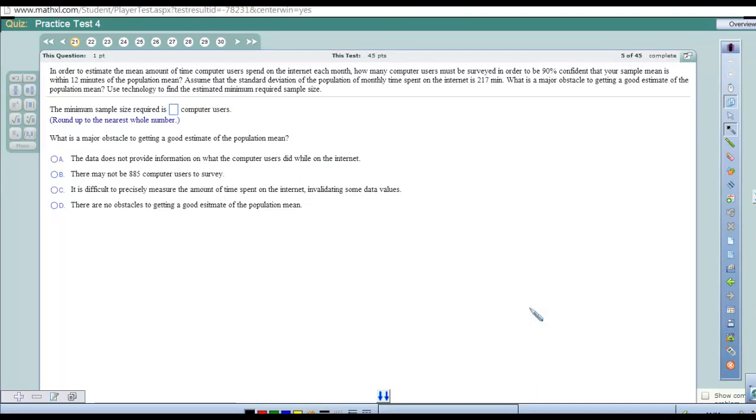For the mean, the formula for minimum sample size is N equals Z alpha over 2 times sigma over E, and I think all of this is squared. Okay.